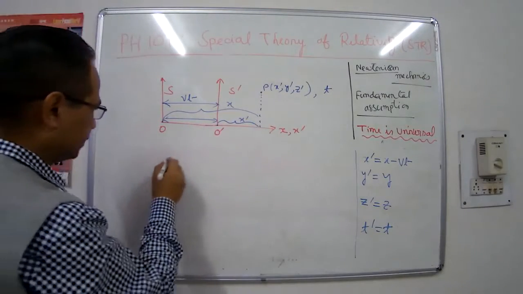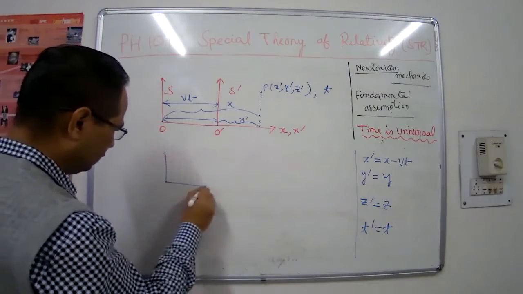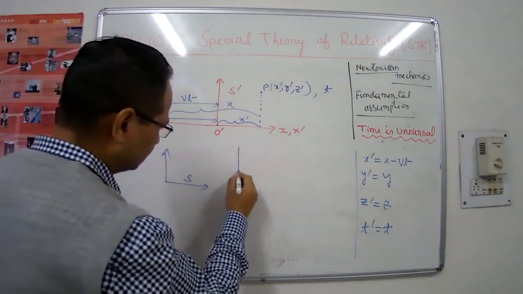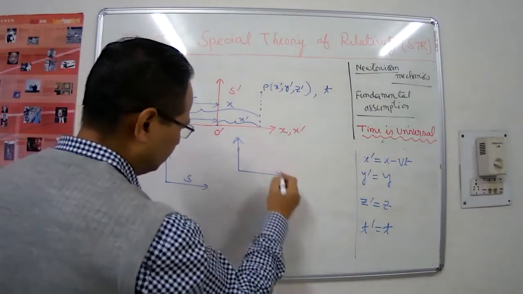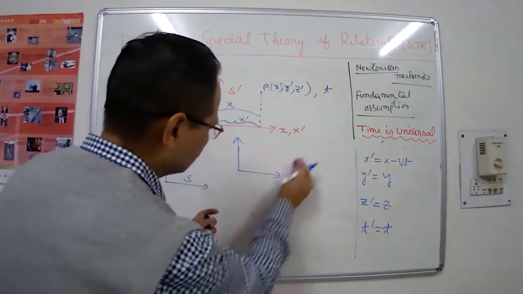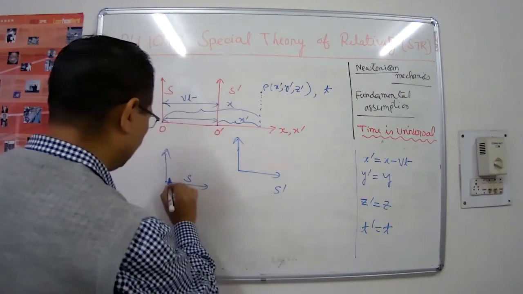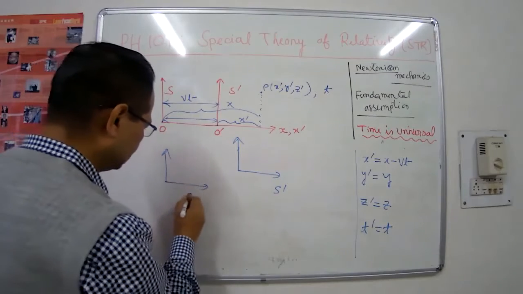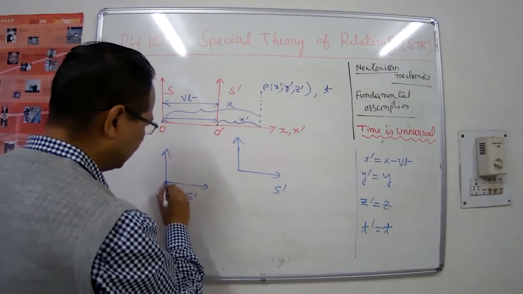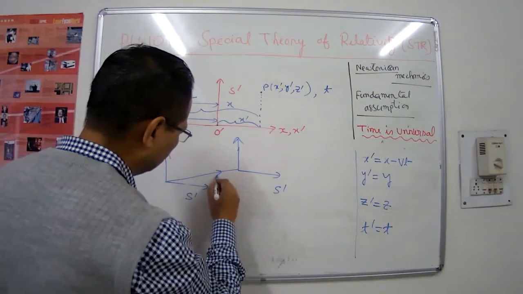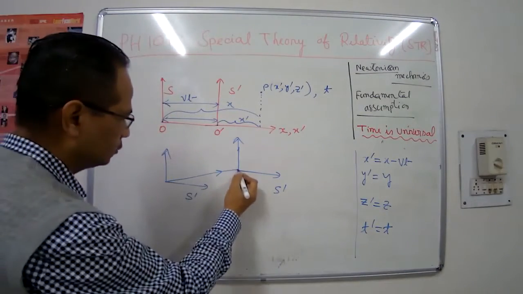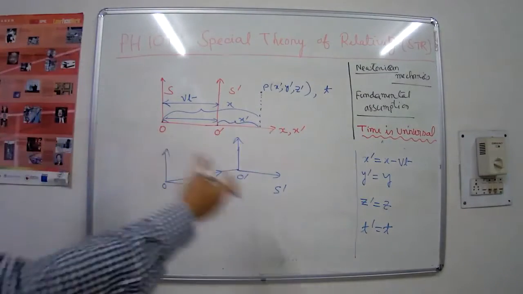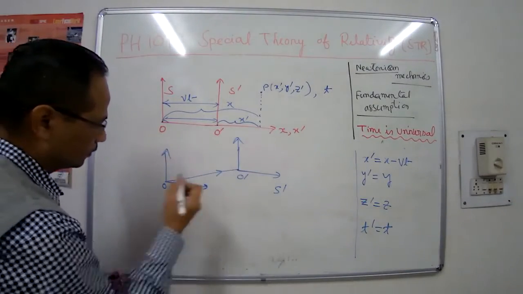So the general expression, if I have to write, so let me consider that this is my frame S and this is the frame S prime, and actually it is moving not necessarily along X direction, but if I join these two origins, O and O prime, it is in some arbitrary direction.